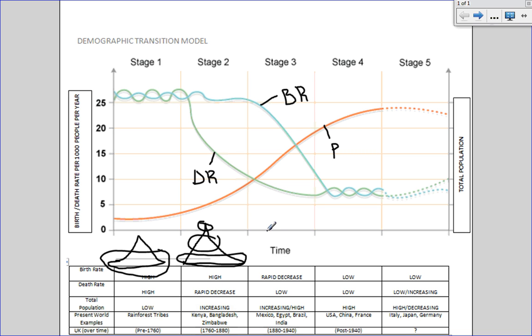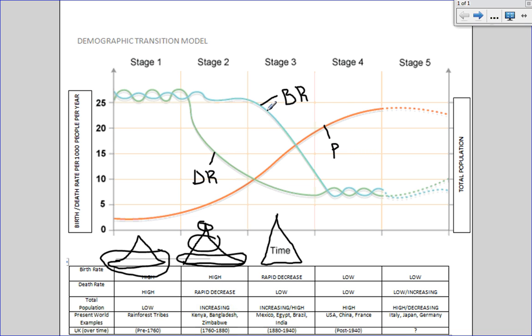We see many countries in stage 3 of the demographic transition. In stage 3, countries would look a bit more like this with the population pyramid. We see that the birth rate really drops off in stage 3, and that is because we have more family planning programs.